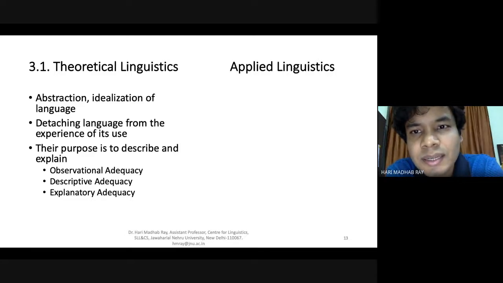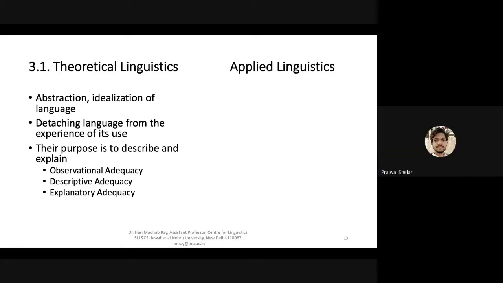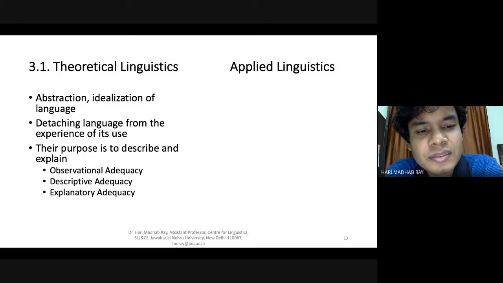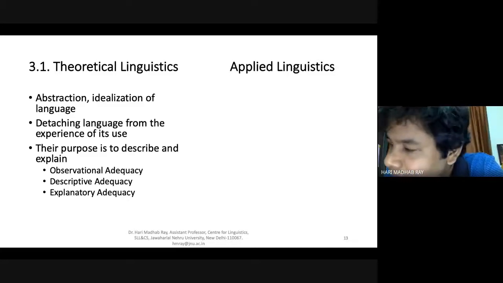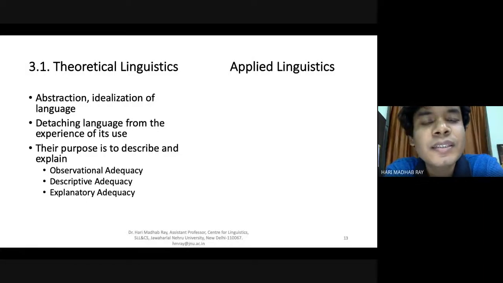The whole class, more than 30 students have joined, and don't tell me you don't know. We didn't deal with any of this in our previous courses, so we don't know. Okay. Anyone?